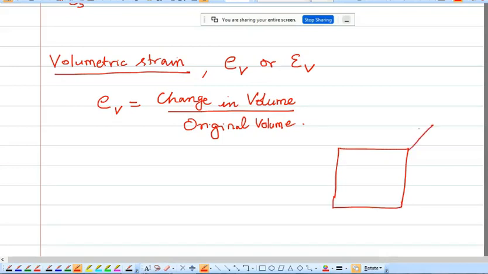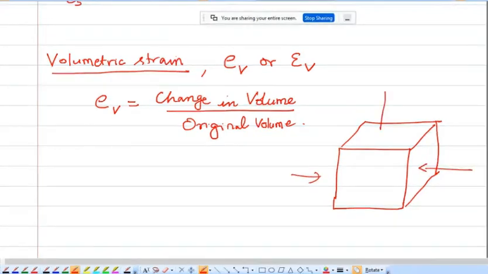Consider a block like this. I am subjecting this block to compressive forces in all the three directions. So what happens if you compress a body? The volume changes.